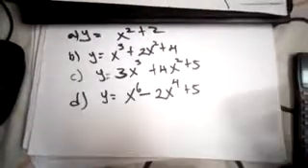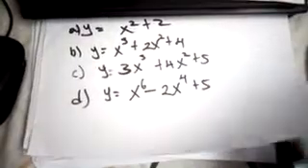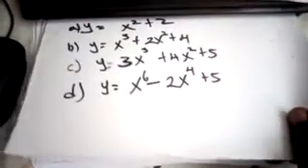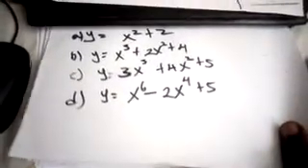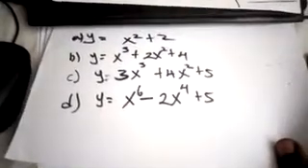Okay, welcome back. Now you can prove yourself to see whether you understood what we have. You prove yourself whether you have the same answer that we are going to have. Let's start with part A. We are having y is equal to x squared plus 2.